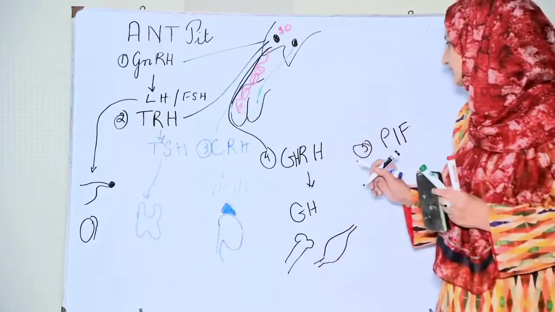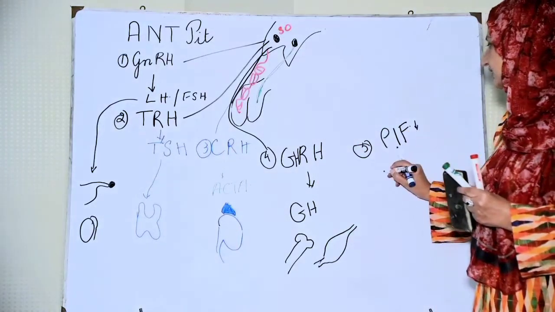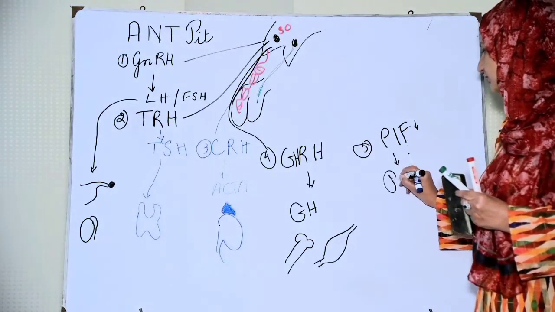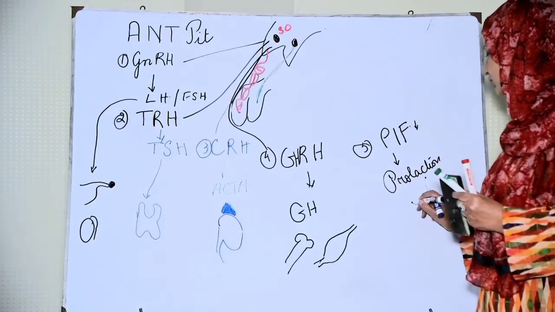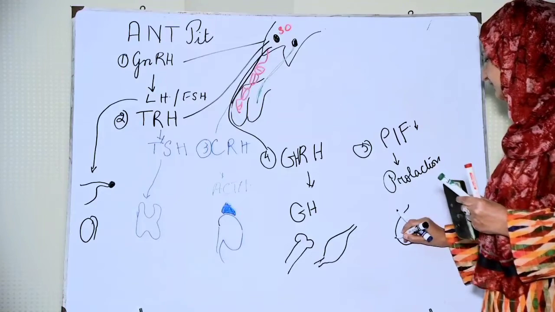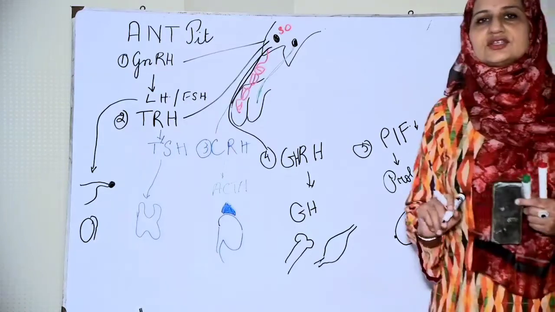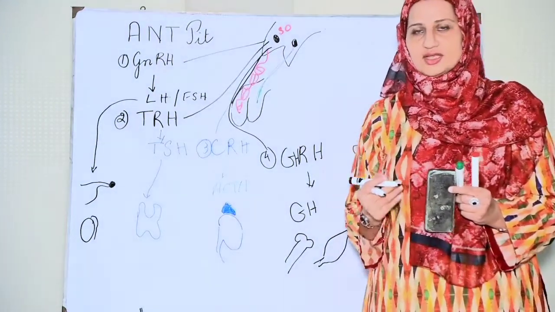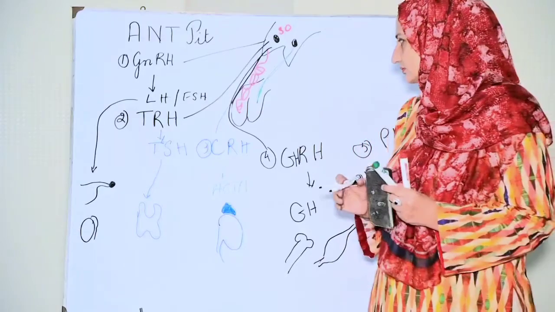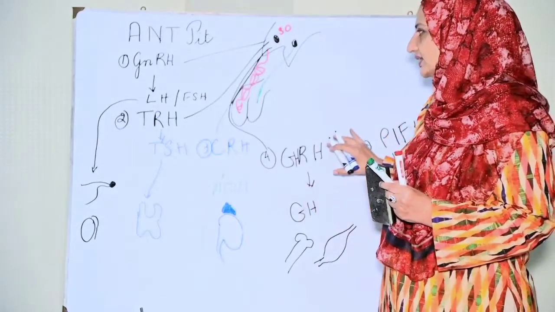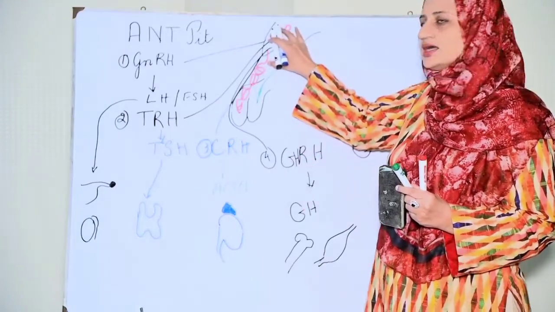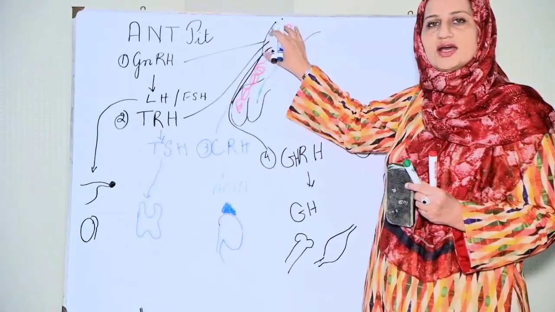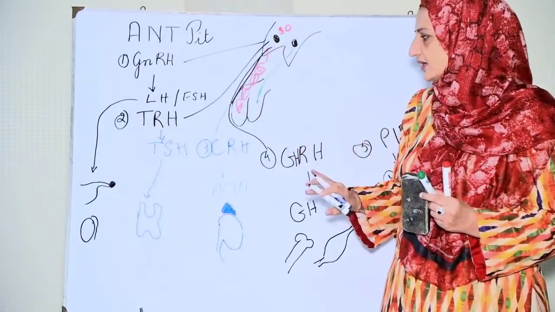So when this substance is decreased, there is increase in the production of prolactin by the anterior pituitary, and prolactin affects the breast tissue and results in milk production and release. So these are the factors and the hormones which are released by the anterior part of the hypothalamic pituitary system.